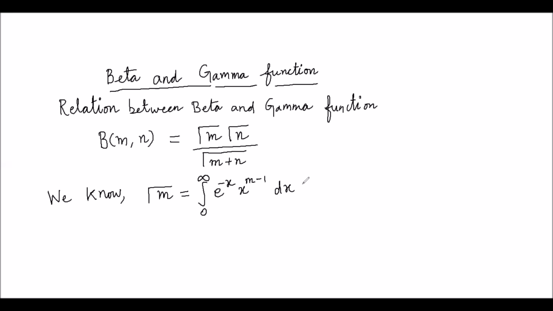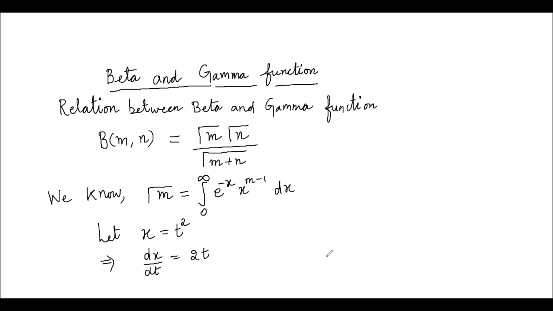Now, for proving this result, for establishing this relation, we will be making a substitution. We will be assuming that this x is t square. After this substitution, we will be finding the relation between dx and dt, and that relation will be, dx by dt will become 2t.